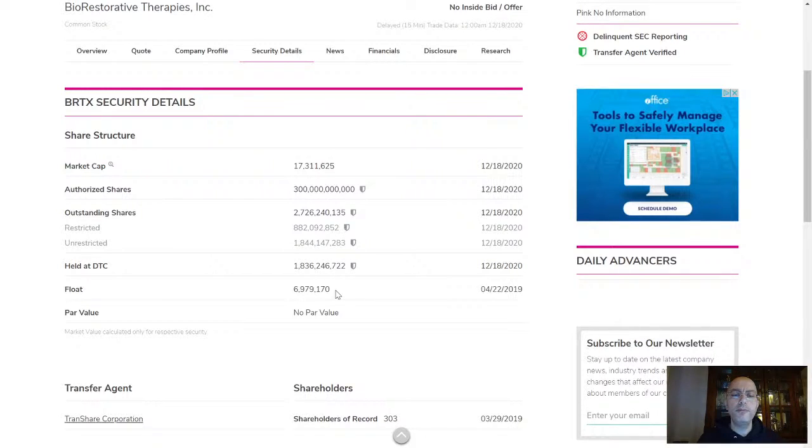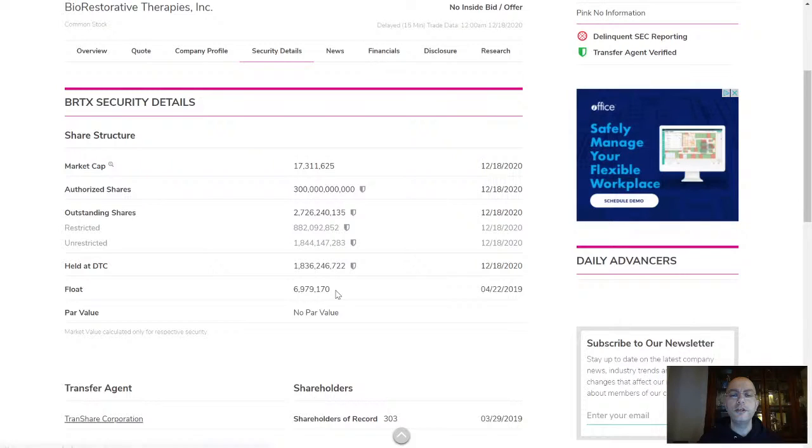A lot of people think that the outstanding shares are all the shares that are being traded on the market. So that's wrong. Okay, it's the float that you need to take into consideration, and you need to validate and make sure that it's the right number.